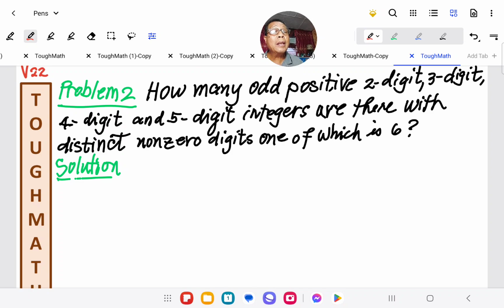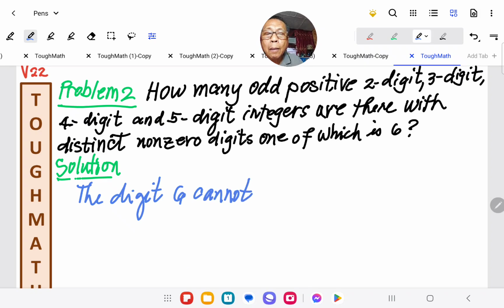So first we remark that the digit 6 cannot be the units digit, because it is even.